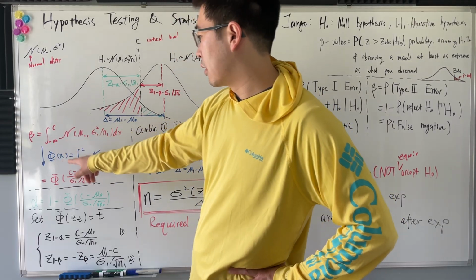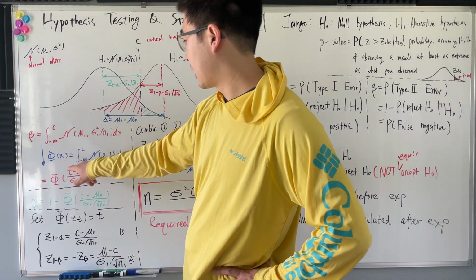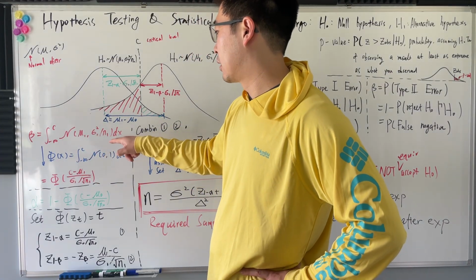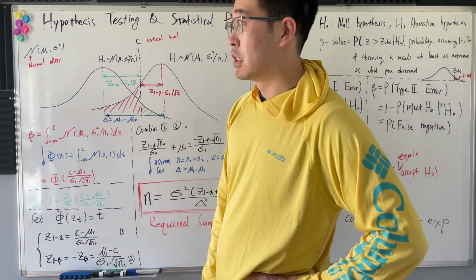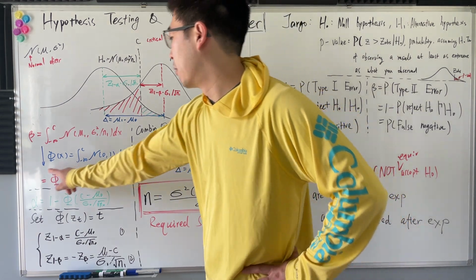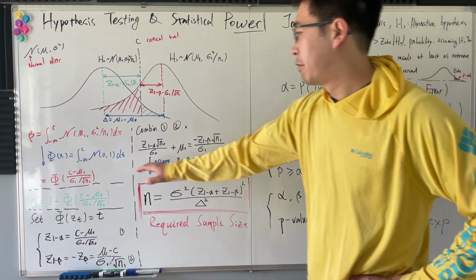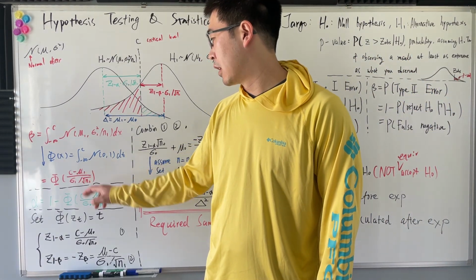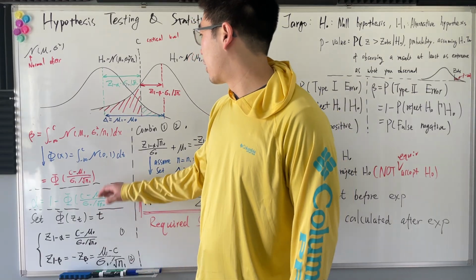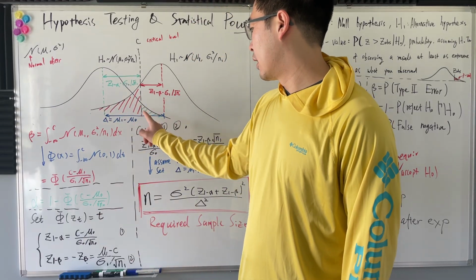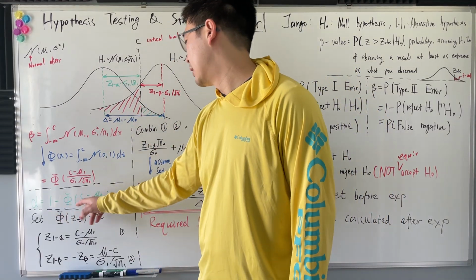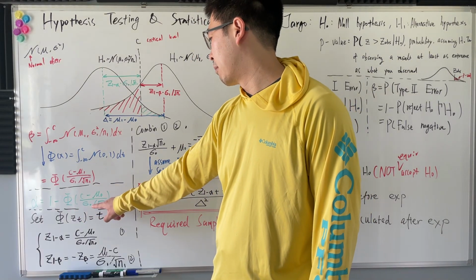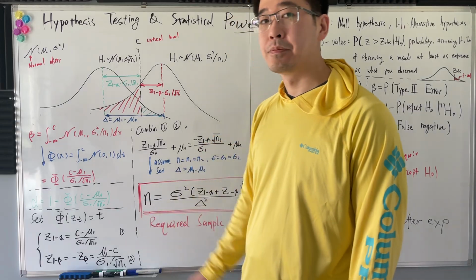Since this is the formula of phi of x, you just need to normalize it back to the standard normal distribution, and it becomes phi of c minus mu1 over sigma 1 divided by the square root of n1. Similarly, calculating this gives 1 minus phi of c minus mu naught divided by sigma naught over the square root of n naught.